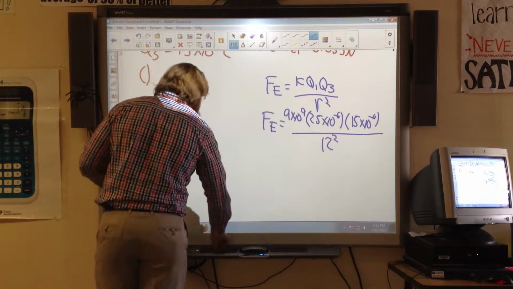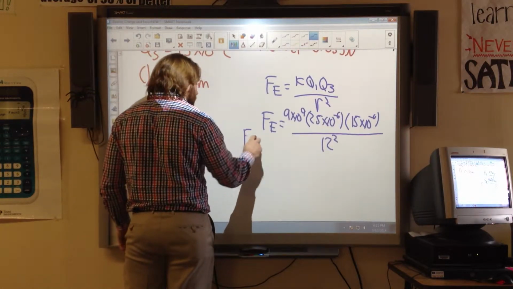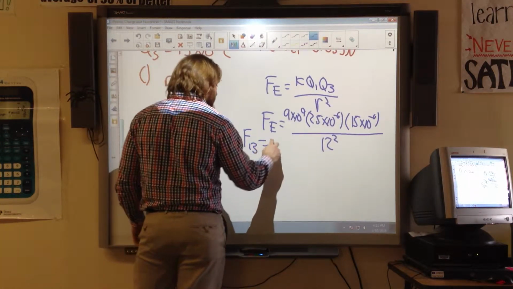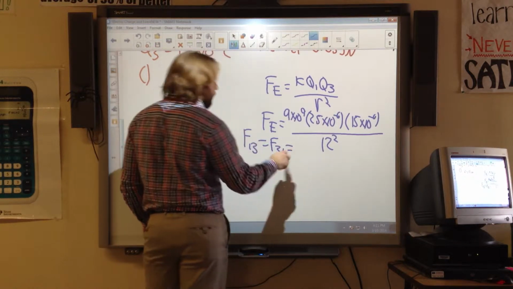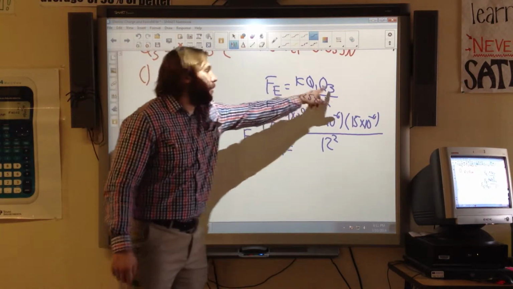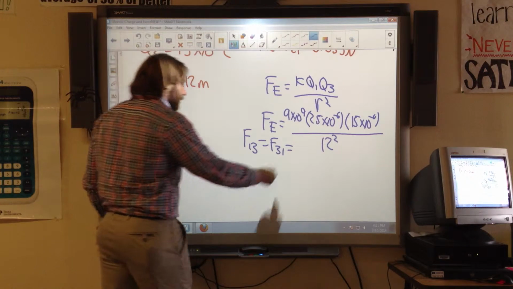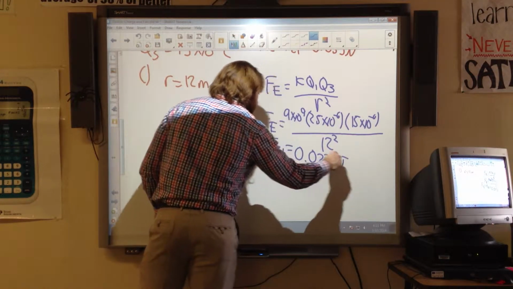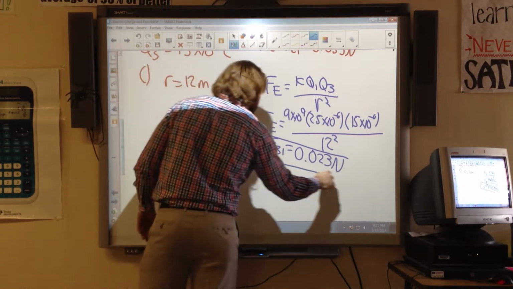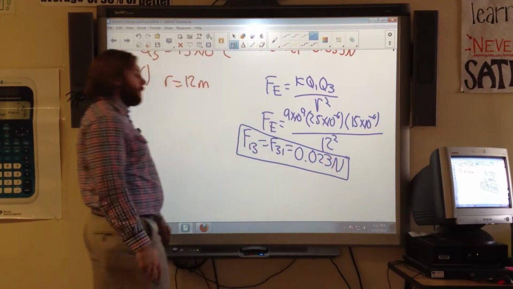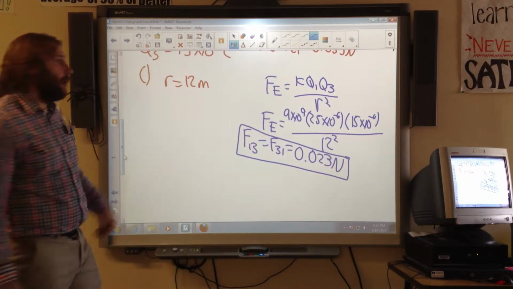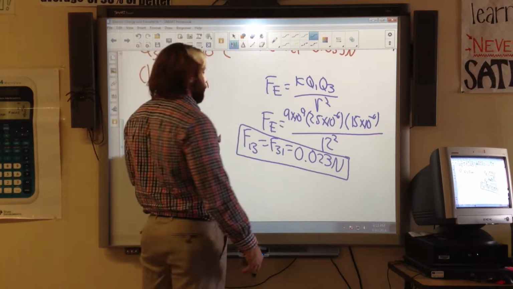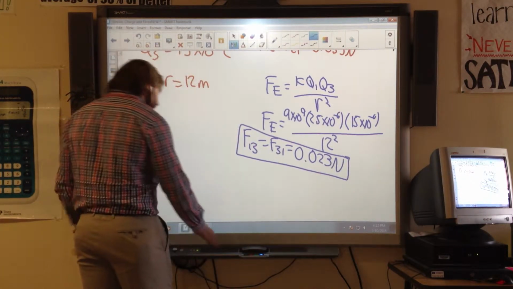Our answer, rounded, for F13 and F31, because it's the force between Q1 and Q3, becomes 0.023 newtons. That's our answer for F13 and F31. Our answer for part C.